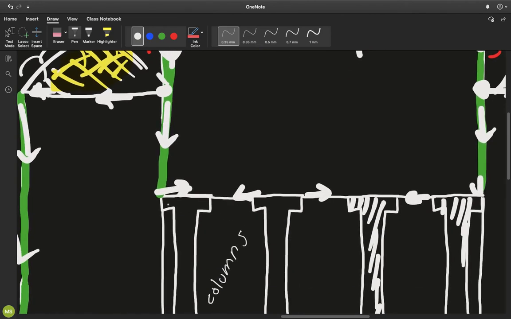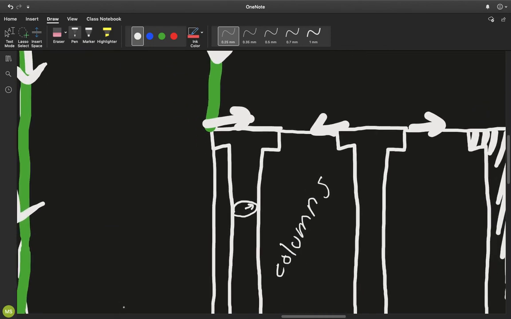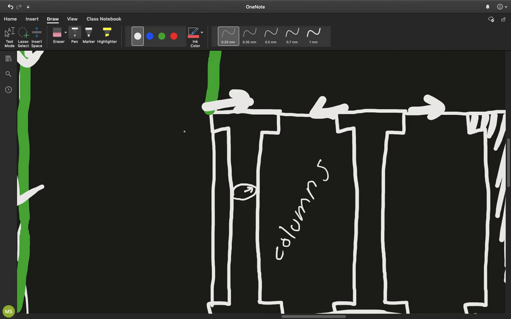These columns are extremely thick. They have a radius that is incredibly large. You could imagine here that it is a 2 feet radius. 2 feet is equal to R.